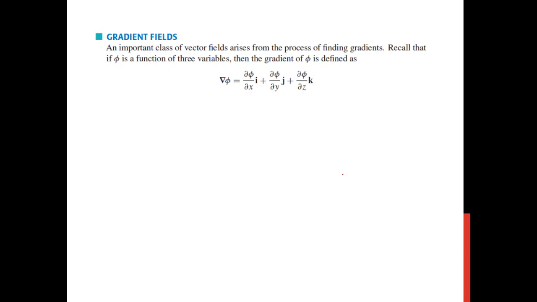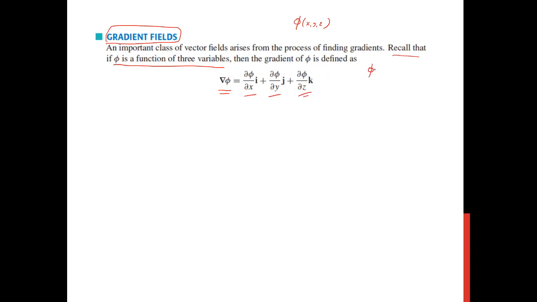Now I will define what a gradient field is. This is an example of a vector field, and we find the gradient of a scalar function. So gradient is a vector function. Recall that if phi is a function of three variables, phi of x, y, z, then the gradient of phi is defined as del phi equals dou phi by dou x i plus dou phi by dou y j plus dou phi by dou z k.